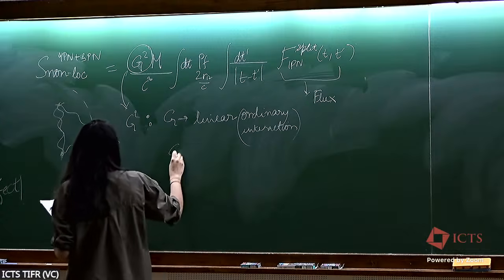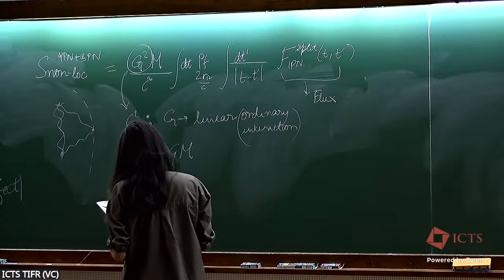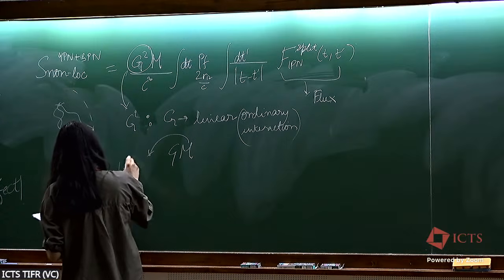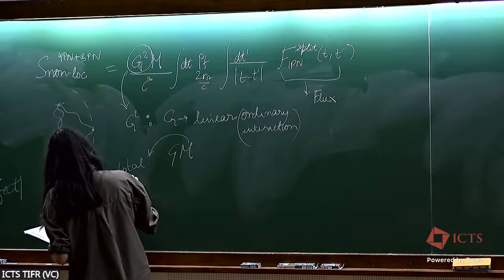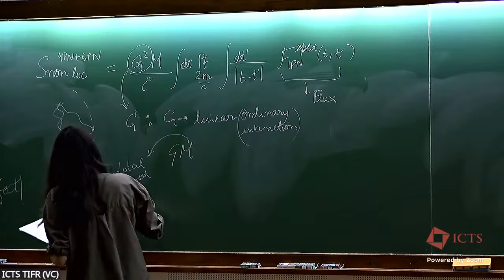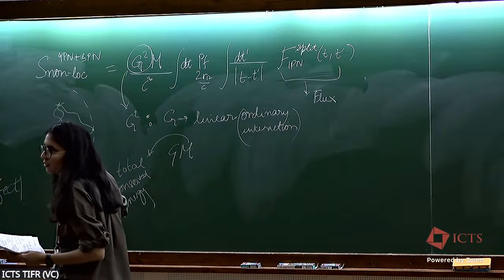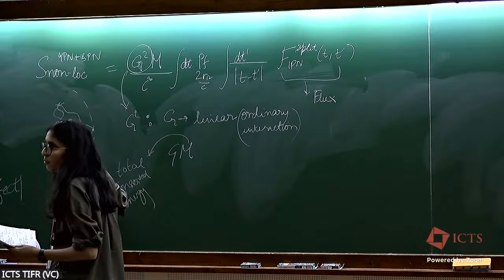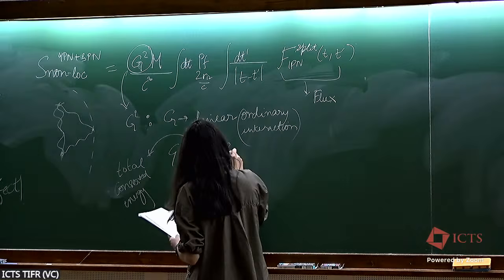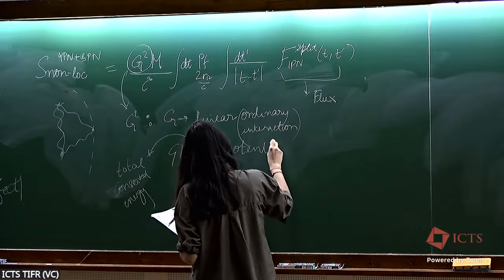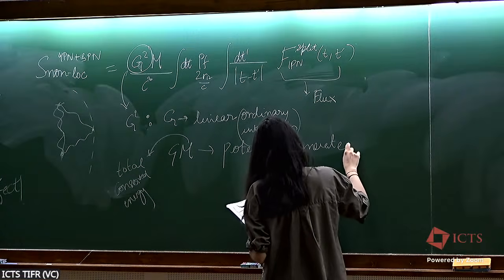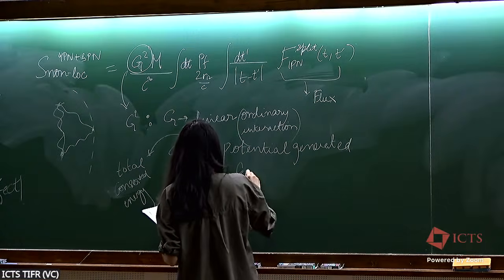And this Gm factor, where m is not the total mass of the system, but is actually the total conserved energy, which we saw in last lectures to be the MADM, because that determines the curvature of the potential that's generated by this binary system. So this Gm comes from the potential from which these waves are scattered.